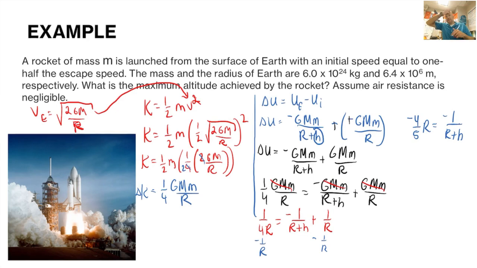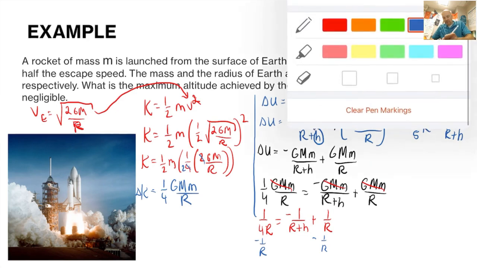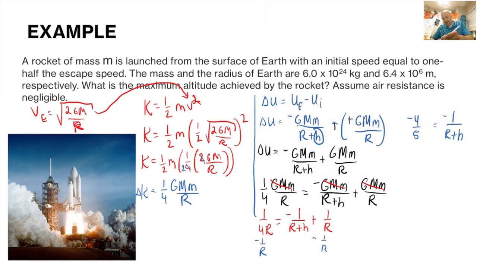Do the reciprocal. Oh, sorry, it's 4/5R. Sorry. So 4/5R. So we're going to do the reciprocal. So 5R over 4, and I'm going to get rid of the negative signs, okay? And then I subtract R from both sides.